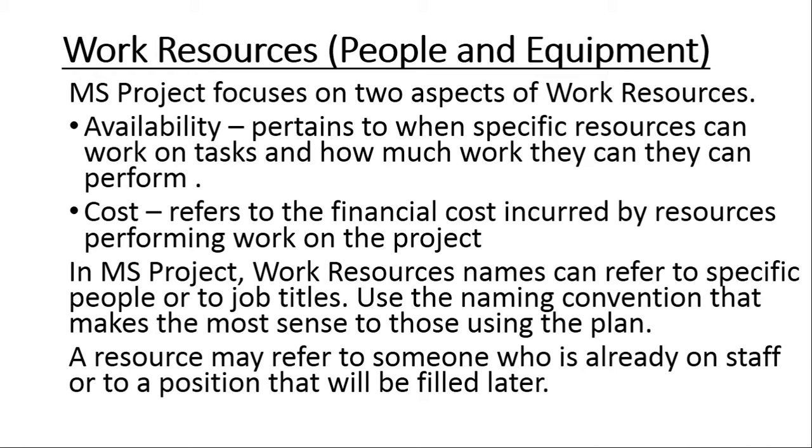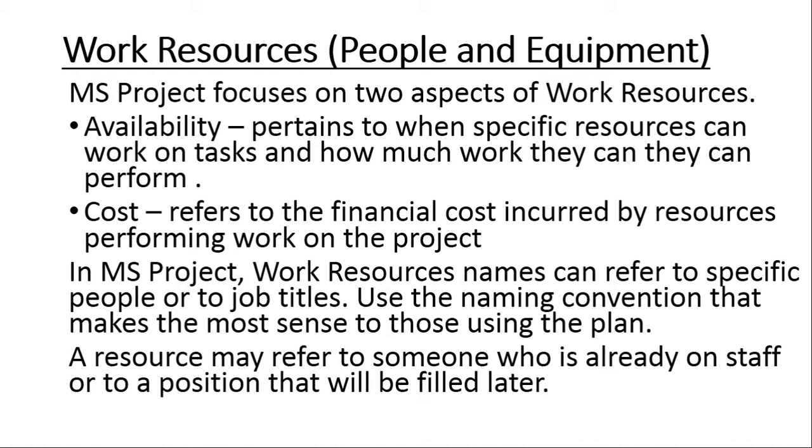Now we are going to look at work resources, which include people and equipment. In MS Project, we focus on two aspects of work resources, which are their availability and their cost. When we talk of availability, we are referring to when the specific resources can work on a task and how much work they can perform.